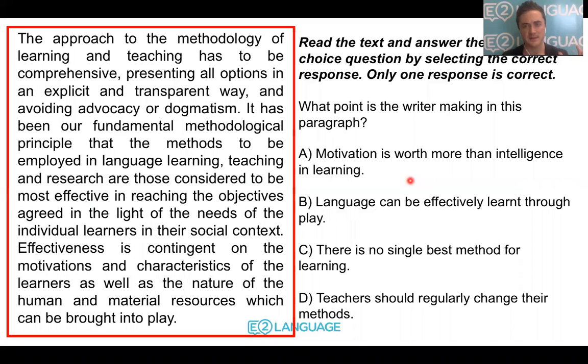Try and ask yourself, what is this text about? There are big, scary words in there, but what's it about?